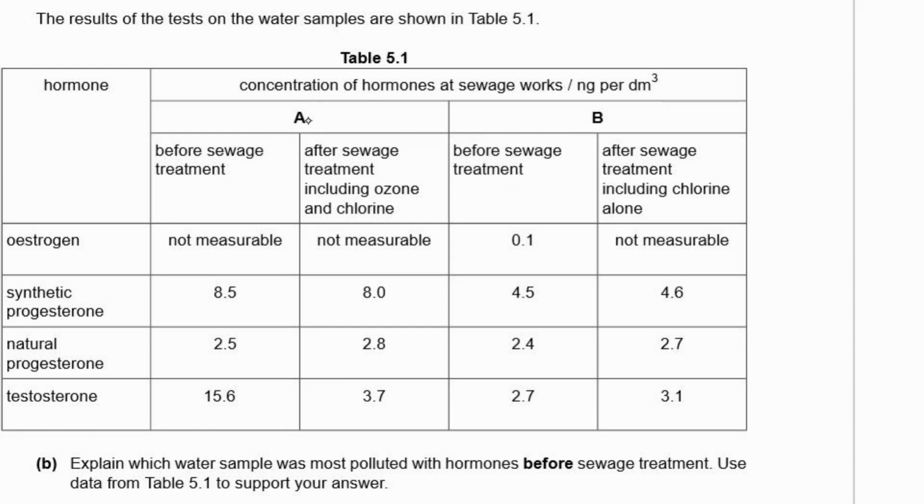And in sewage work A, they did ozone and chlorine, and in B, they just did chlorine, but with no ozone. All right. The hormones they were looking for were estrogen, synthetic progesterone, natural progesterone, and testosterone. Okay, so let's look at the questions.